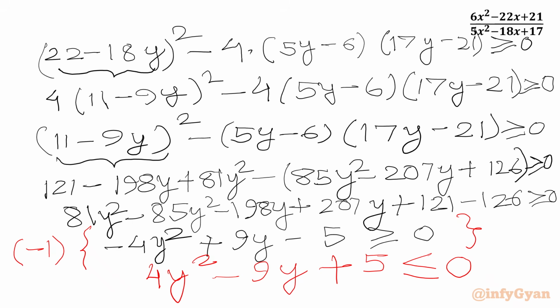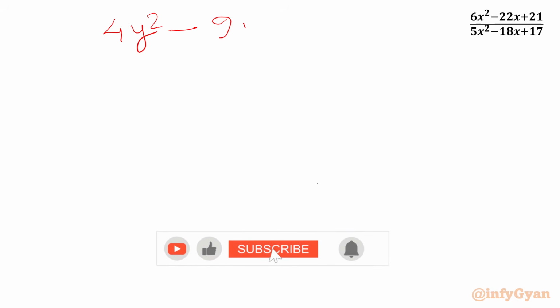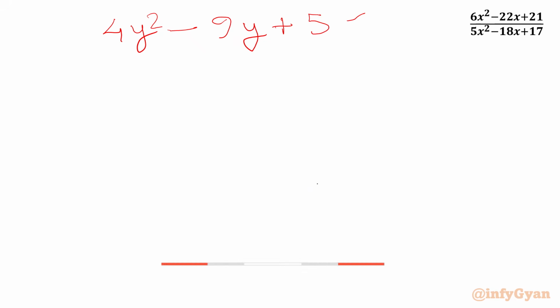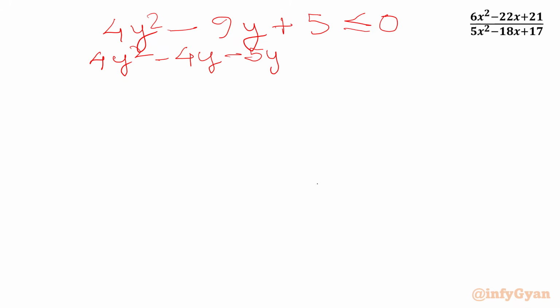Now we will try to factor the LHS: 4y² − 9y + 5 less than or equal to 0. Now we can split minus 9y. So I will be writing 4y², minus 4y, minus 5y, plus 5, should be less than or equal to 0.